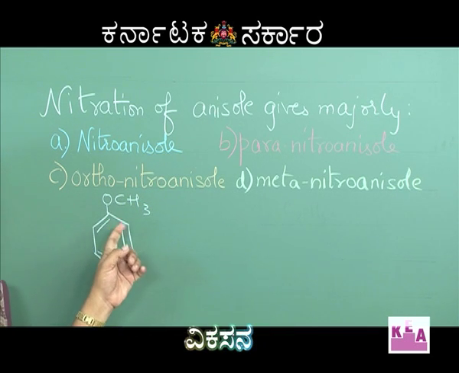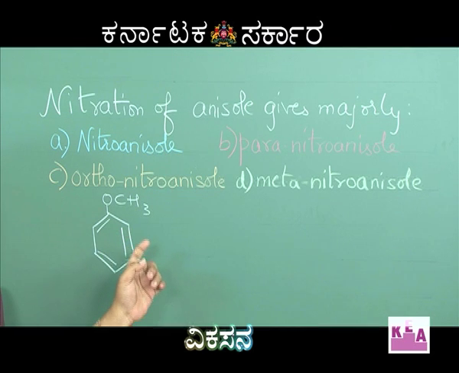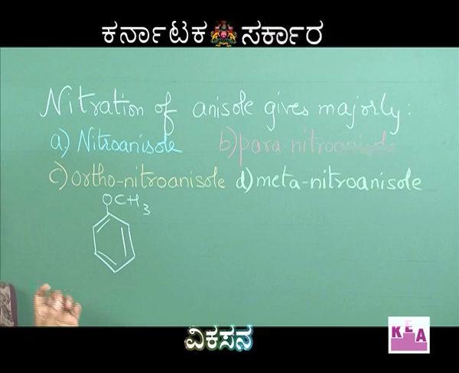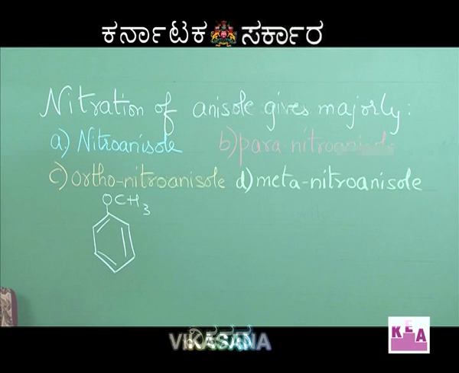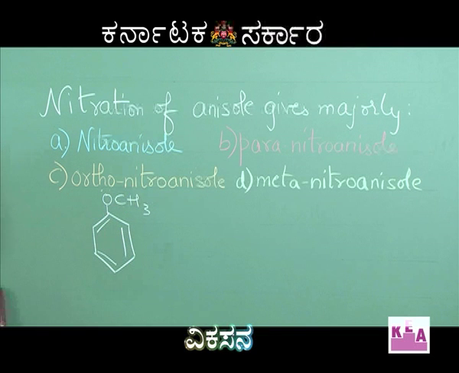We know that the OH group or OCH3 group, if present, is an ortho and para directing group. The carbonyl groups, aldehyde or ketone, are usually meta directing groups. Whereas groups like the halogens or OH, or anything which contains a lone pair of electrons on it, you can even consider the amine group, NH2, are ortho and para directing.